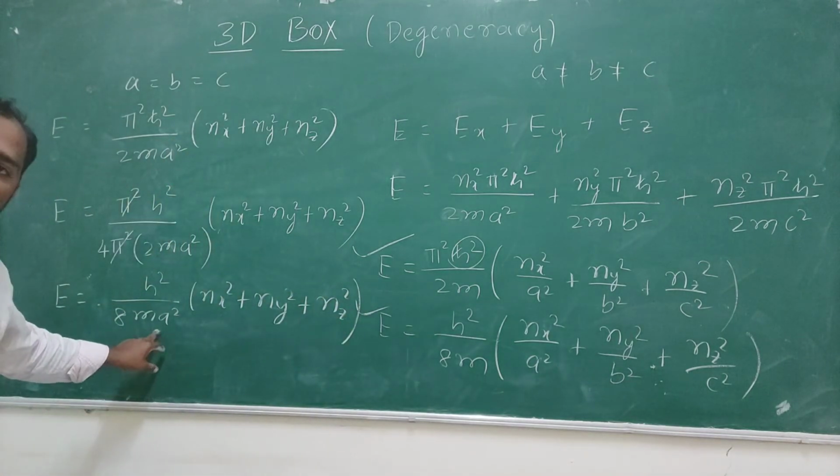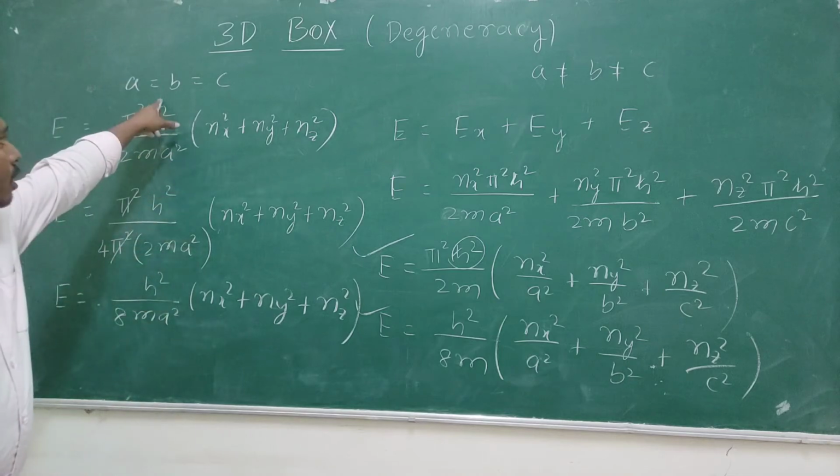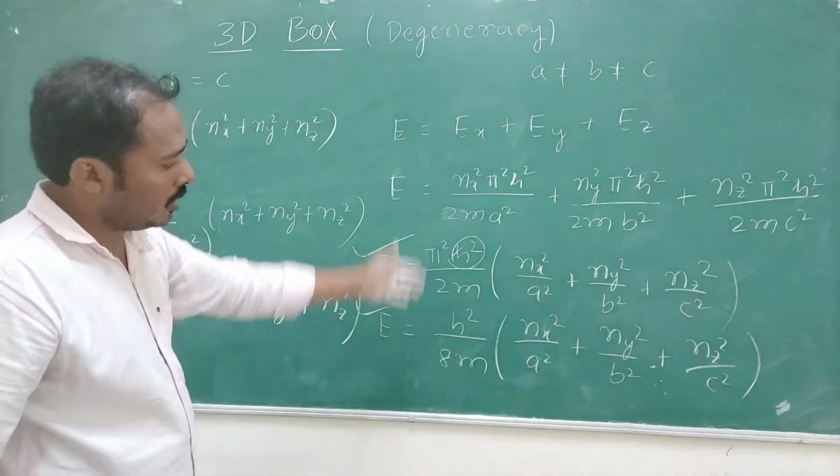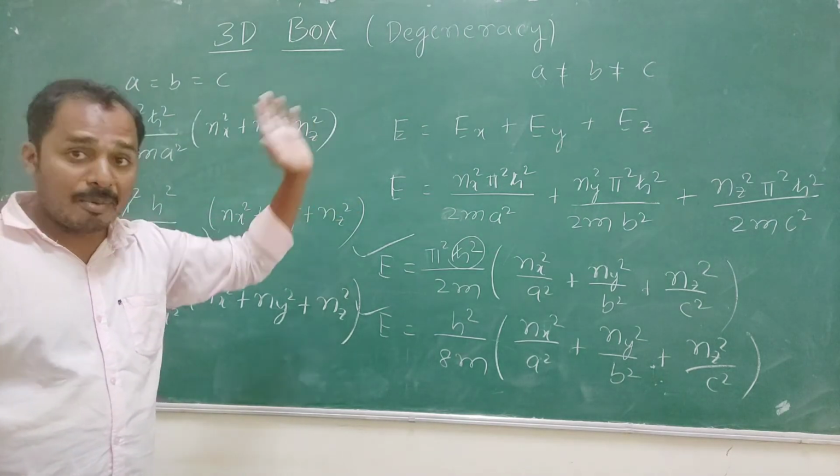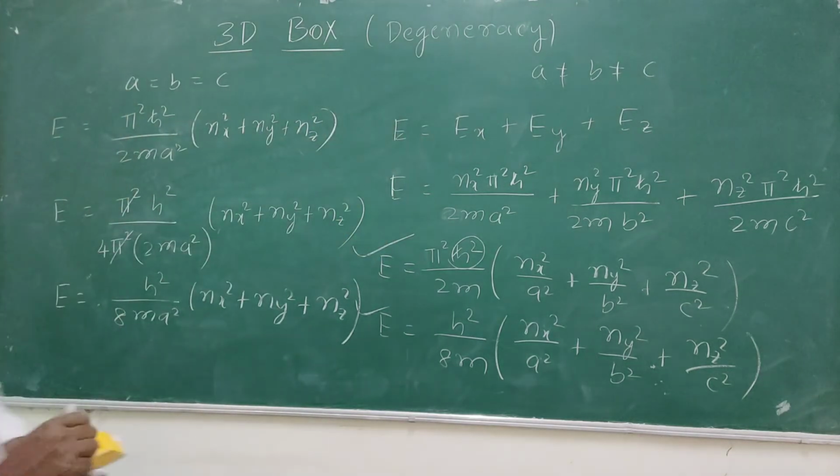This is for the particle inside the three-dimensional box when all the sides are equal, and the previous one is for when the sides are unequal.